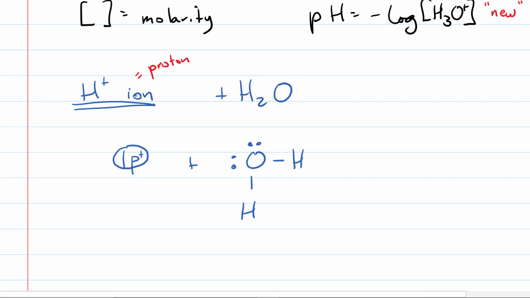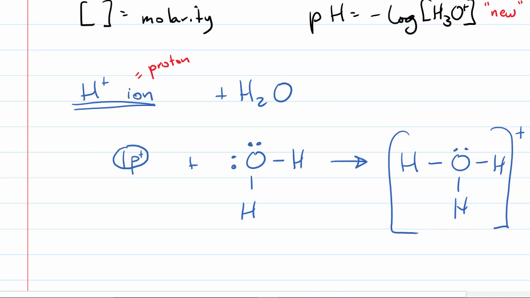When they are attracted to those lone pairs, that hydrogen basically attaches onto that water molecule. So your water molecule is looking like this. It has an attraction for this pair of electrons and basically winds up latching onto it.